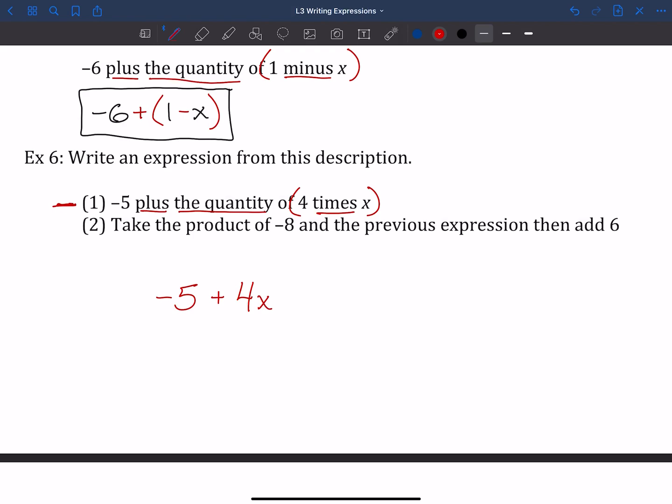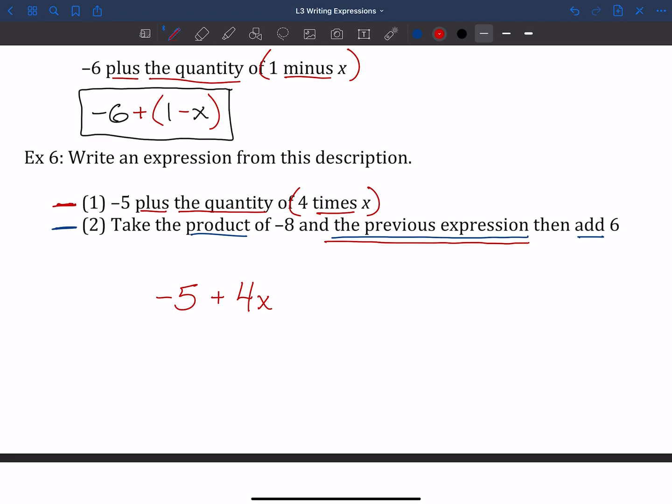Then, after that, we've got a second step. I'm going to do it in a different color so that it really stands out. This one says, take the product of -8 and the previous expression, and then add 6. So when it talks about the previous expression, that's what we did in the red.